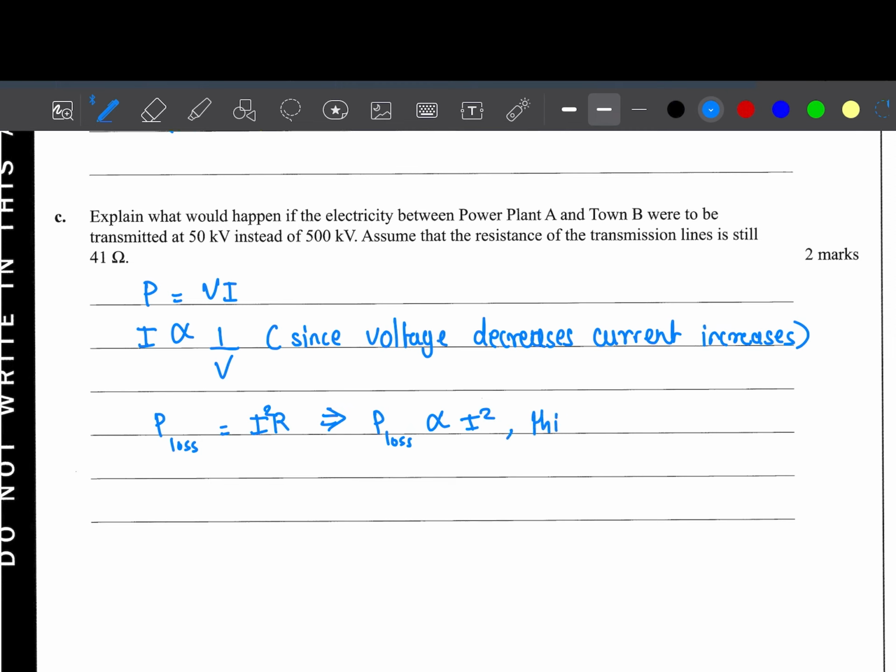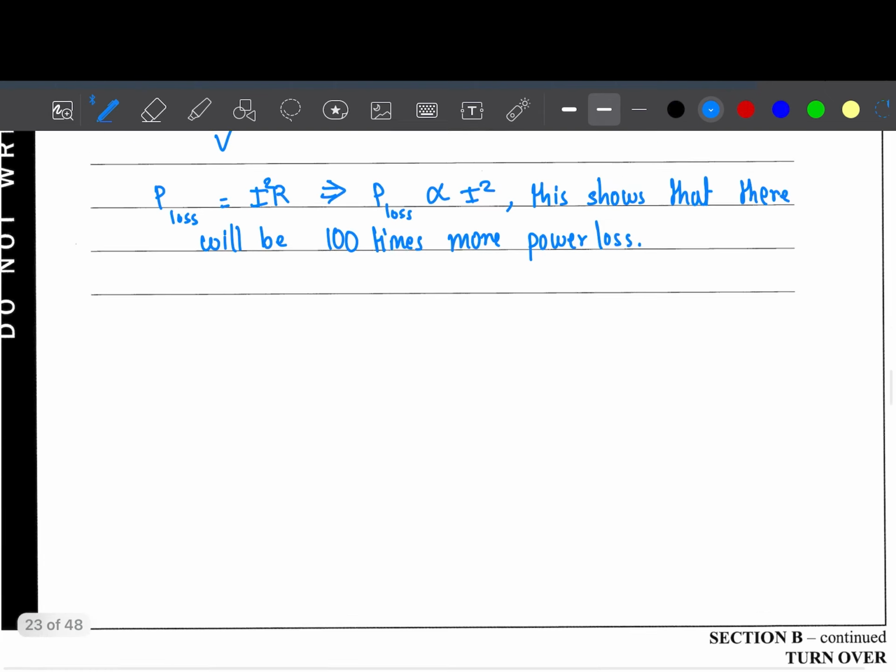So this shows that there will be 100 times more power loss. Wow, okay.